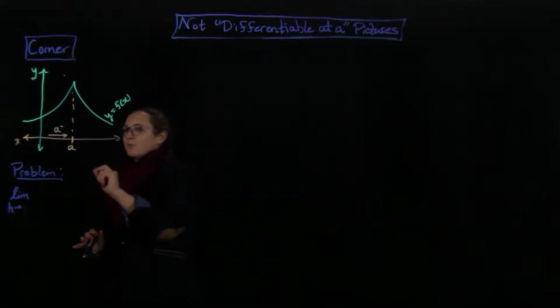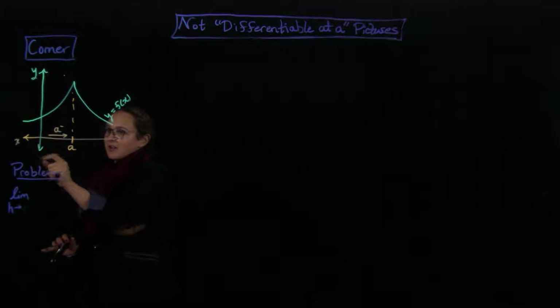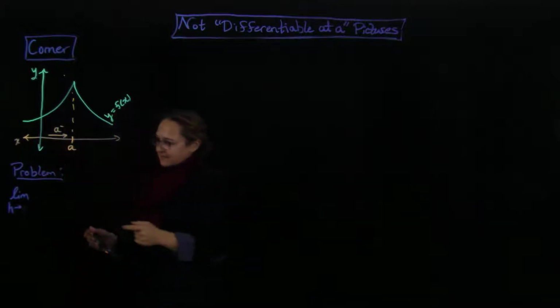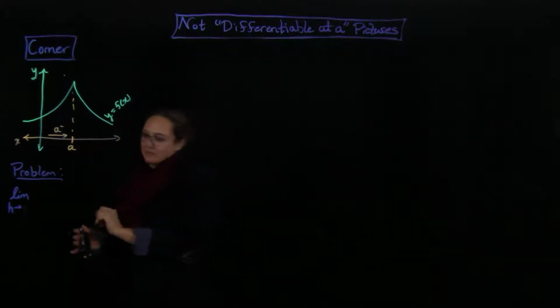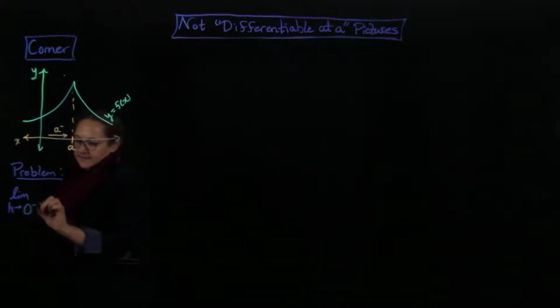It's a little funny because what I'm really talking about is 0, but that would be the left-hand side. That will ultimately be what happens if I approach 0 from the left-hand side.